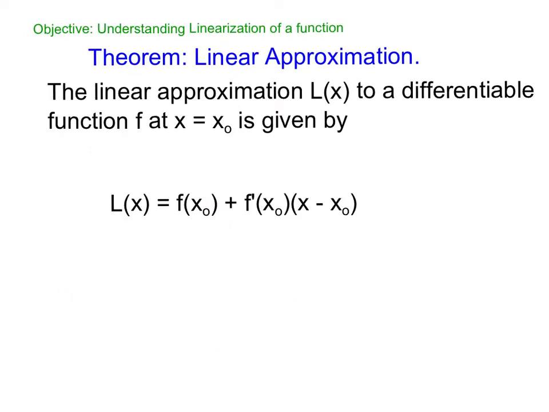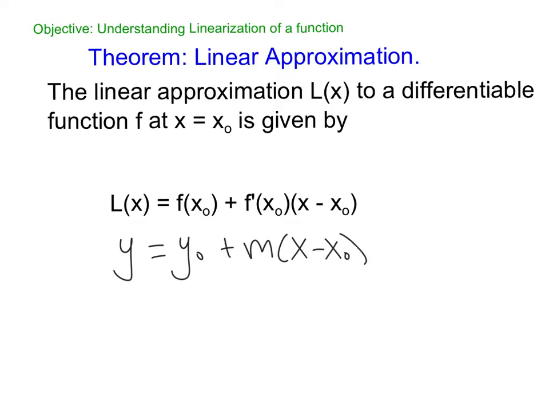So a linear approximation, we call it L of x, the linear approximation to a differentiable function is given by, this is just a fancy tangent line. L of x is our y. This is our y0. This is our m. Whoops, that's a plus. Plus m times (x minus x0).